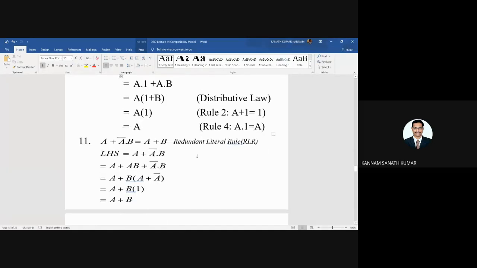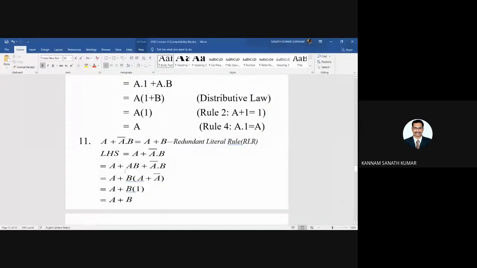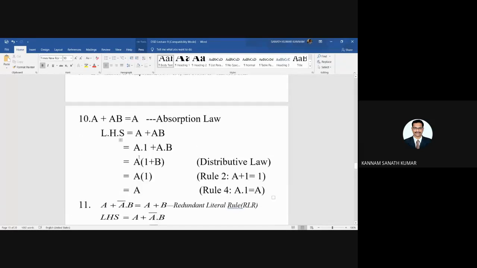And the redundant literal rule, RLR, if you see, A plus A bar B. Okay. A plus A bar B. You are taking the LHS. So you can write A plus AB plus A bar B. Okay, you can write this A plus from the absorption law. From the absorption law, what is A?